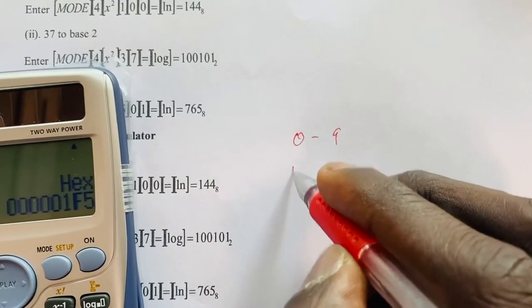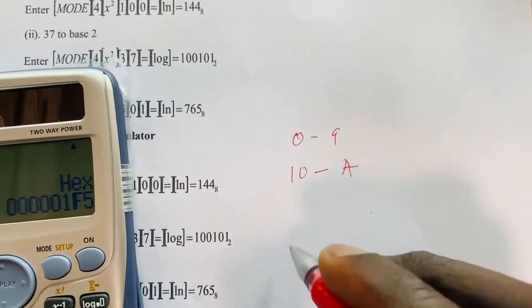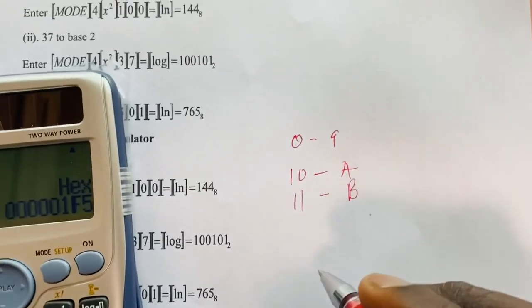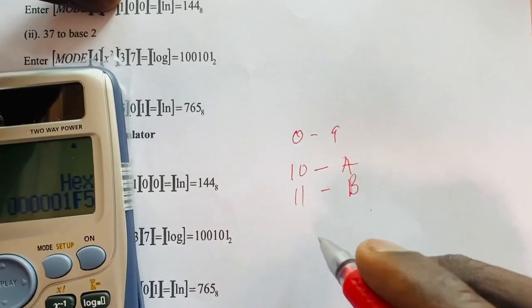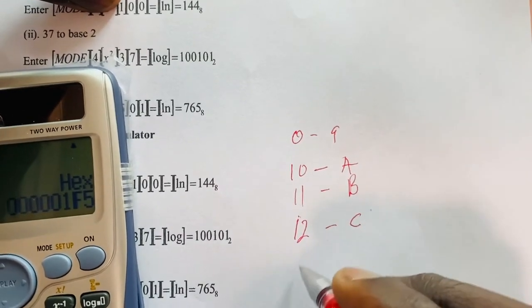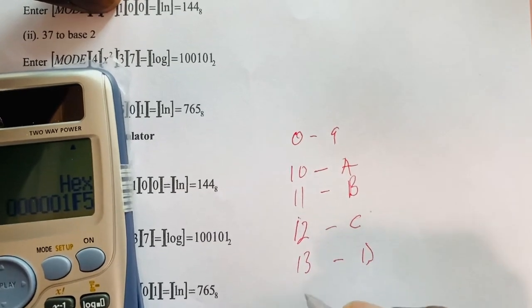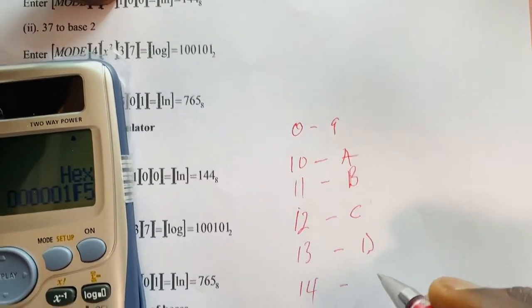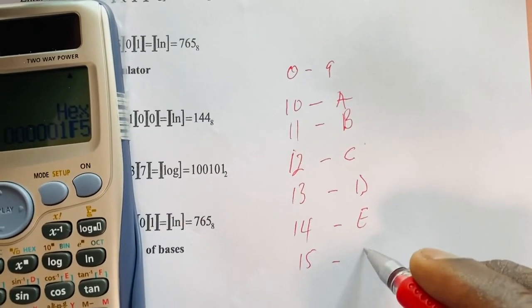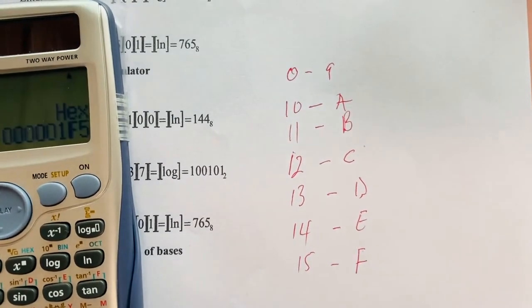The next step is 10 is A. Now we have 11 is B, and we have 12 as C, 13 is D, 14 is E, and 15 is F. That's A, B, C, D, E, F.